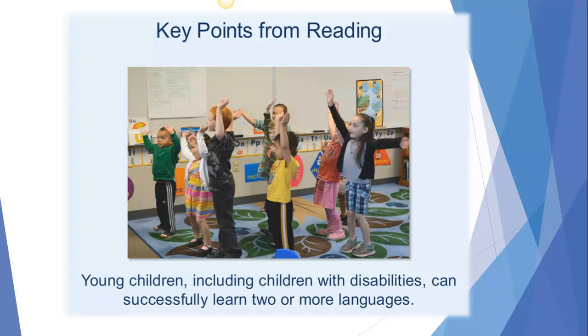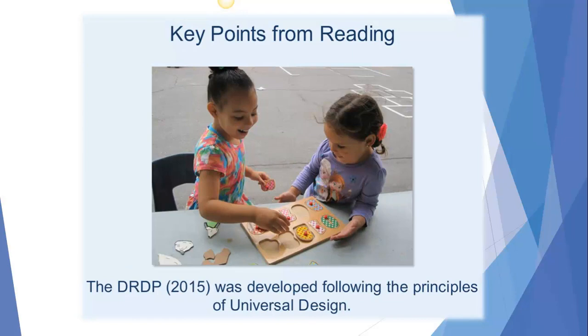No matter what language the child speaks, no matter what their home culture is, no matter what their capability is, the DRDP is designed to be a continuum of development. And we're going to really take a look at that when we see how the measures are organized. So it doesn't matter what the developmental or the chronological age of the child is, the DRDP assesses them on their developmental age. And that statement will make a lot more sense in just a second when we go over how they were designed.